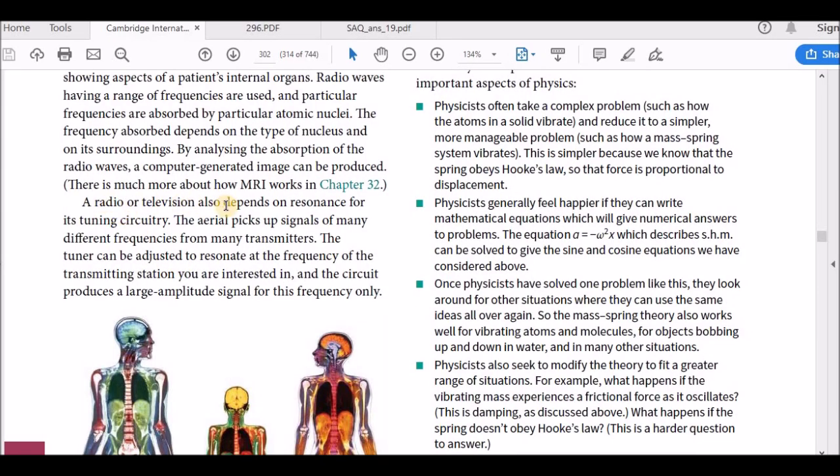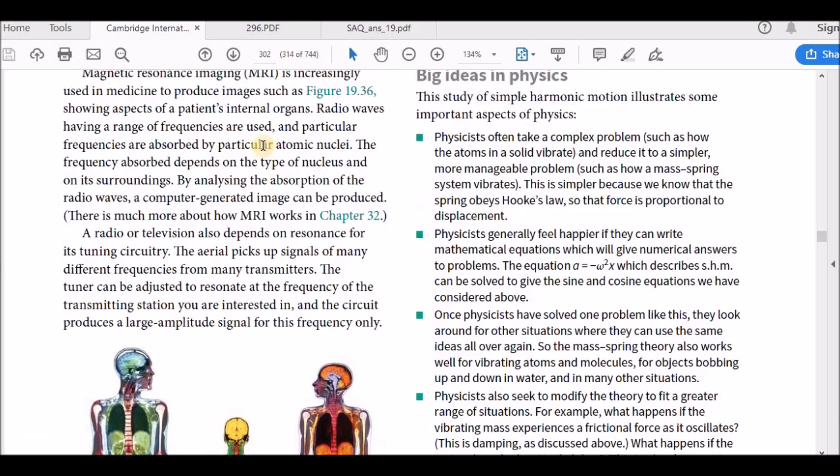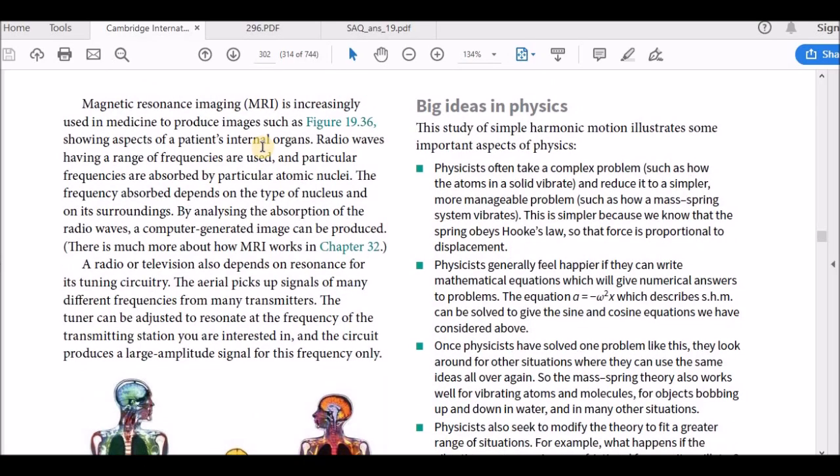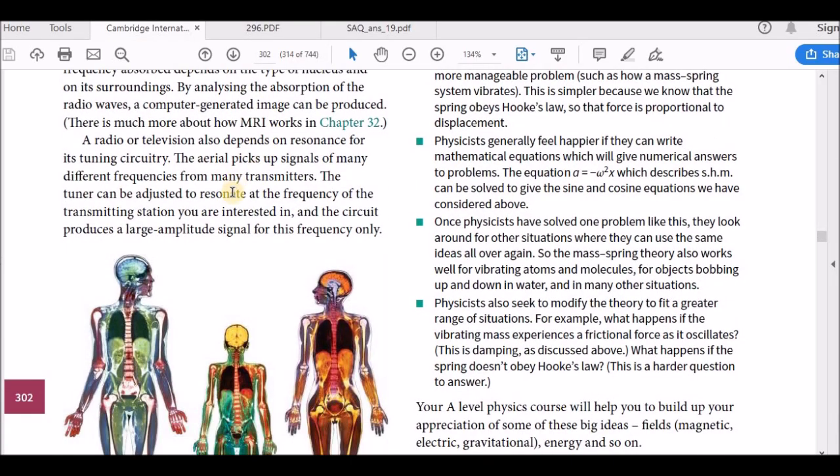A radio or television also depends on resonance. So far we learned two uses: one is in the microwave and the other one is for MRI. And here is another example. A radio or television also depends on resonance for its tuning circuitry. The aerials pick up signals of many different frequencies from many transmitters.